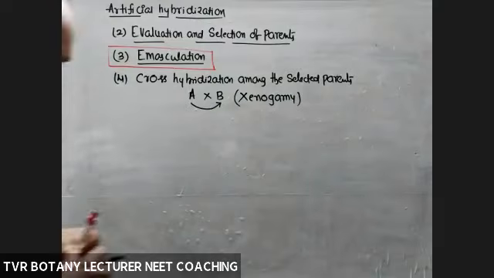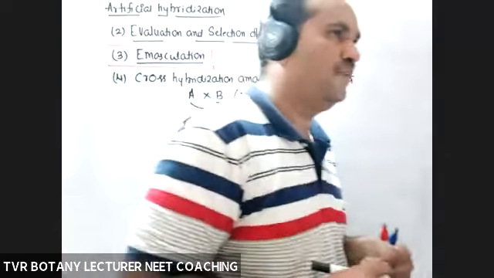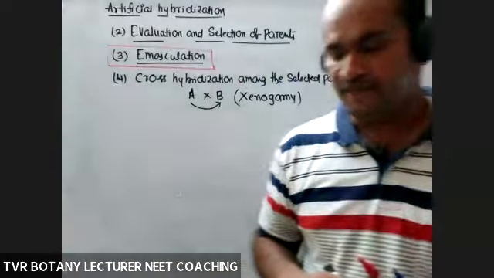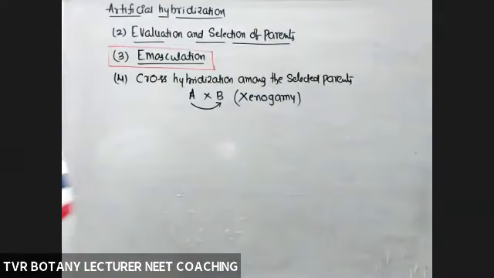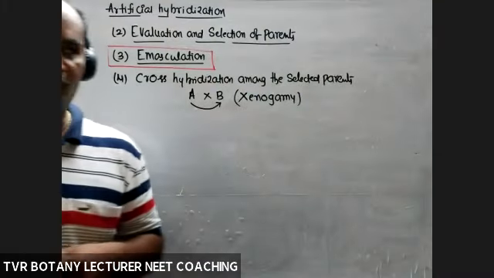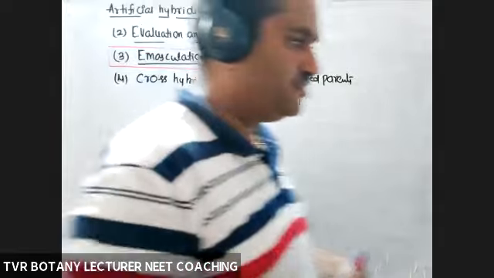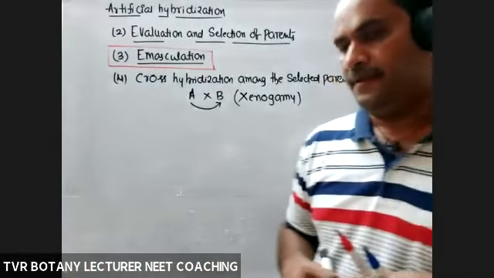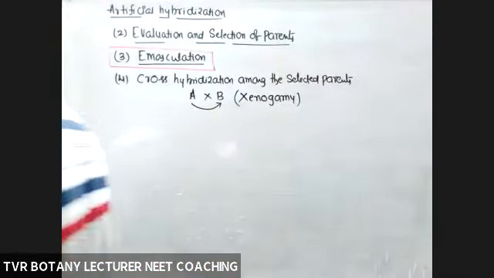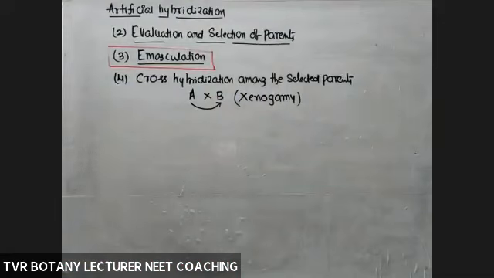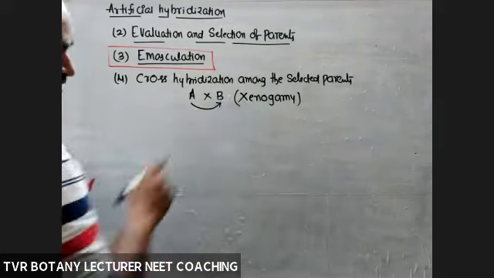Go back to sexual reproduction in flowering plants. Self-pollination and geitonogamy are not able to bring pollen grains with genetic variability. But xenogamy is able to bring pollen grains with genetic variability. So this is a true cross pollination.